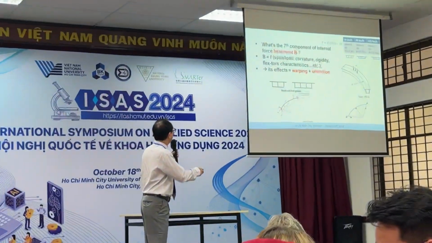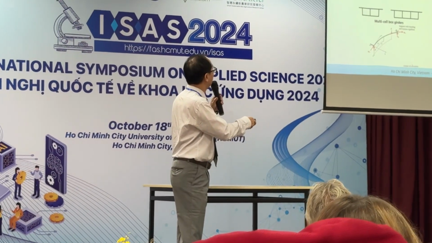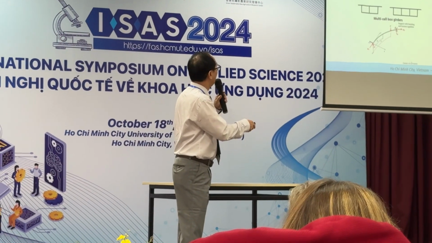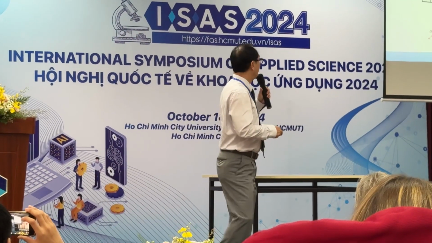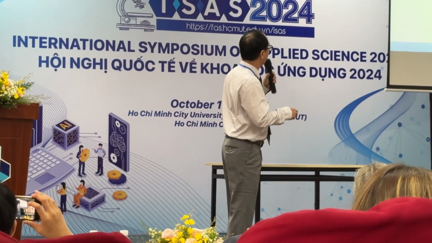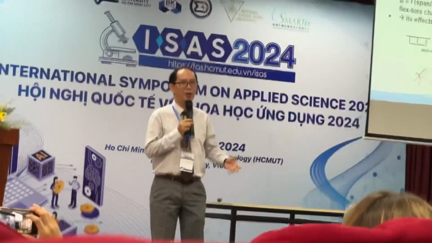We use a structure like this with a multi-cell box girder, and we calculate the radius or the central angle with respect to the last span, 90 meters of length.